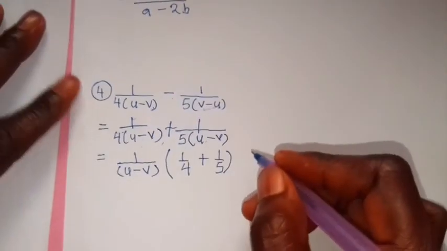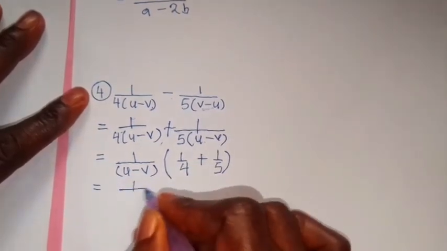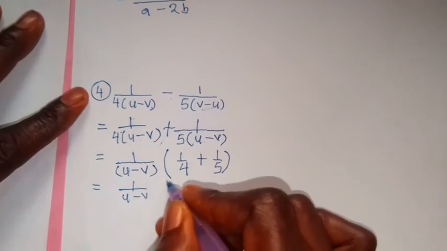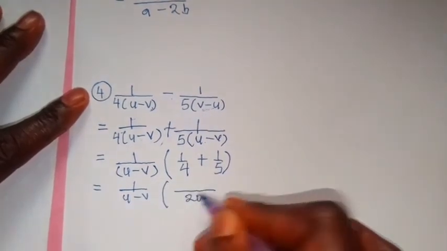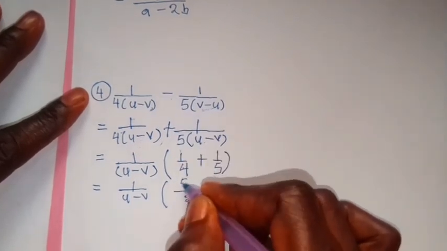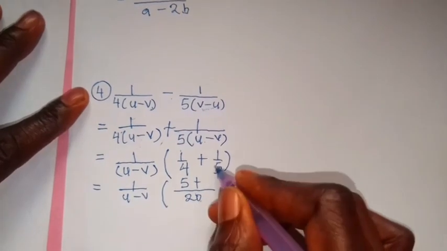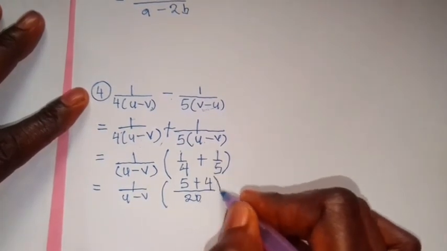Now from what we have here, finally, we are going to simplify what is in the bracket. We have 1 upon u minus v, then into, the LCM is 20. If we divide 20 by 4, we have 5 times 1, that will give us 5, plus divide 20 by 5, you have 4 times 1, then we have 4.